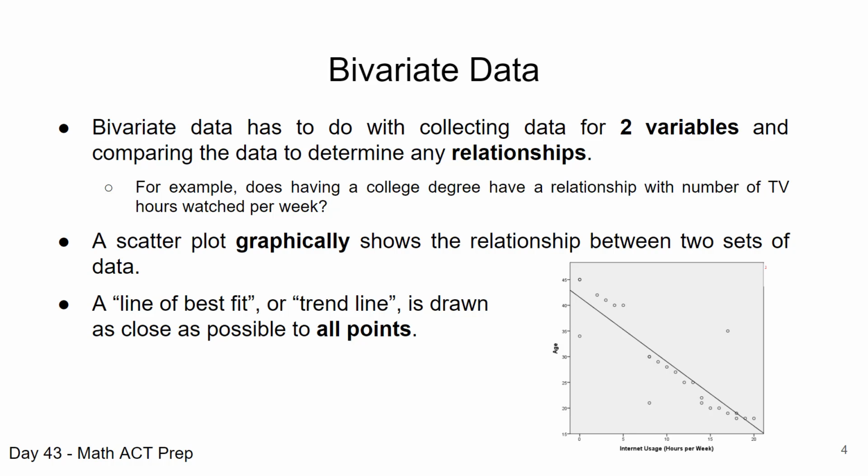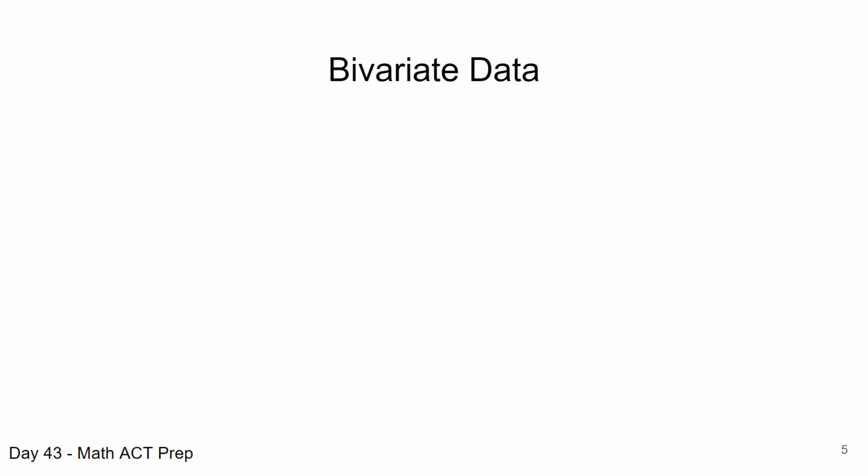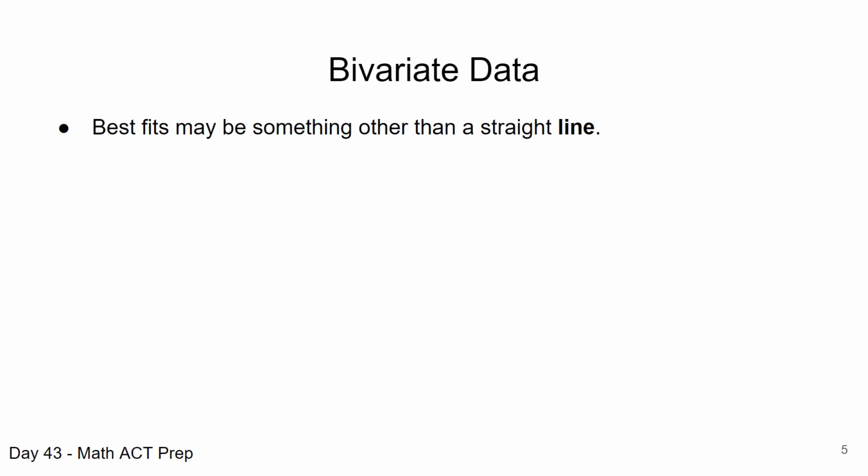You can even do some of this on your calculator, but for the ACT, we're probably not going to have to actually develop an exact line of best fit. We might be looking for trends, like we can tell this has a negative slope. But just being familiar with what a scatter plot is and these lines of best fit are important.